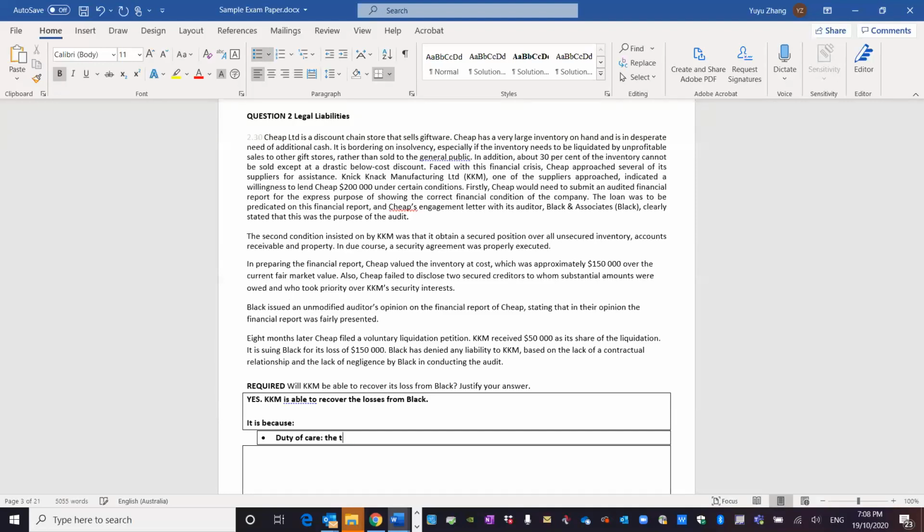So the audit engagement was made expressly to satisfy KKM's condition for making the loan.